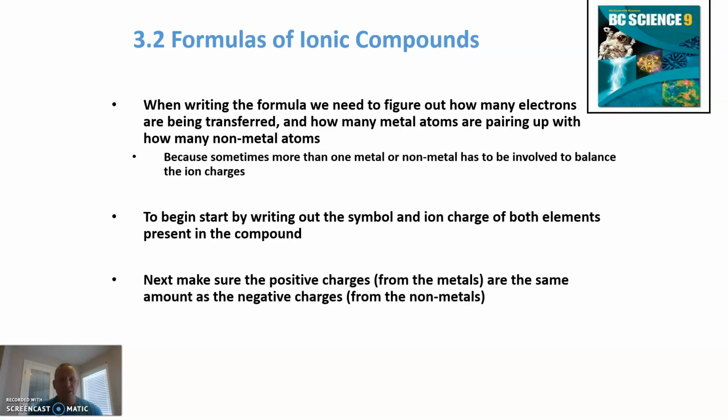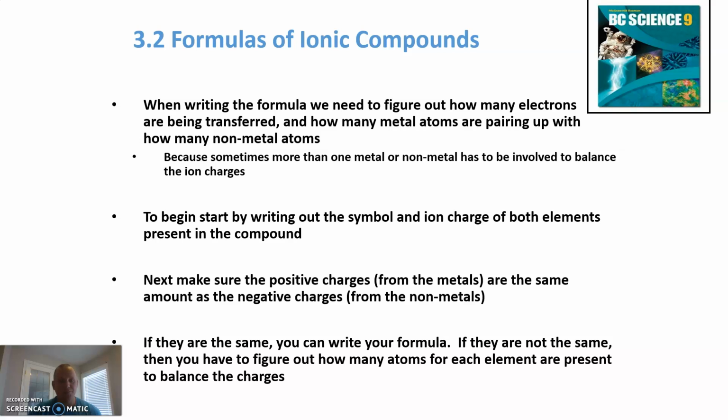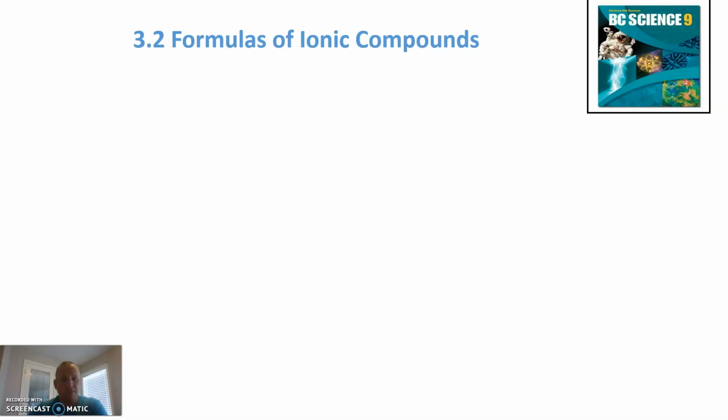And then we have to make sure that the charge is balanced, that the positives balance with the negatives, and they're the same. If they are the same, you could just write the formula as is. You just put the 2 element symbols together. But if they're not the same, then you need to figure out how many atoms of the metal are in the compound and how many atoms of the non-metal are in the compound to balance the charges. And I'm going to show you with some examples.